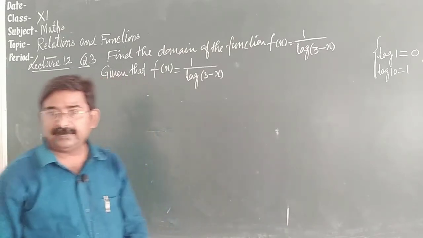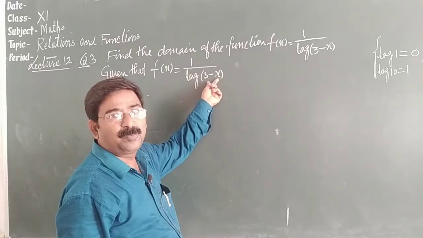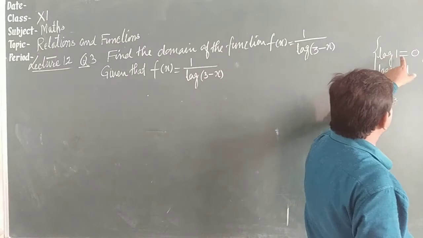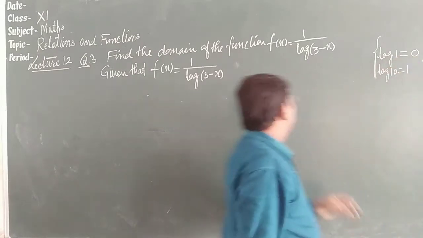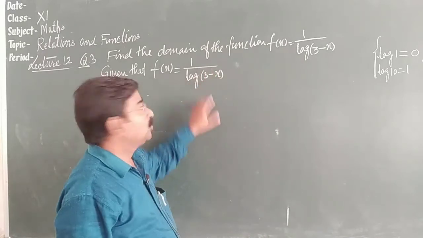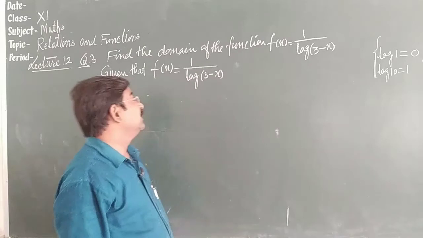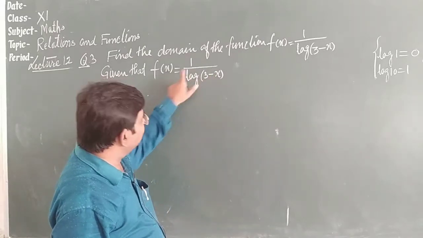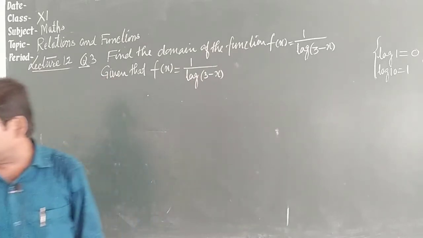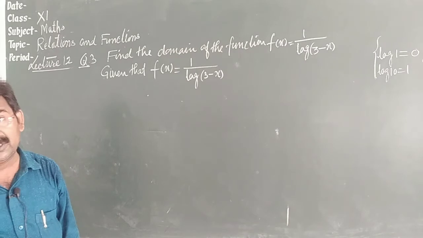So first thing, the value of 3 minus x must not be equal to 1, because I have told you log 1 is equal to 0. If 3 minus x is equal to 1, it becomes 0, so 1 upon 0, the function is not defined, and this is in the denominator. So this value is more than 0.